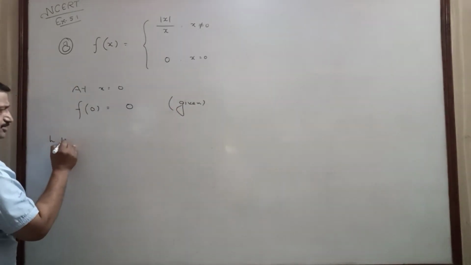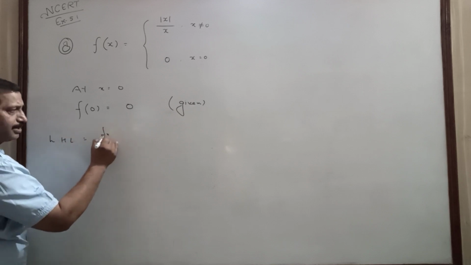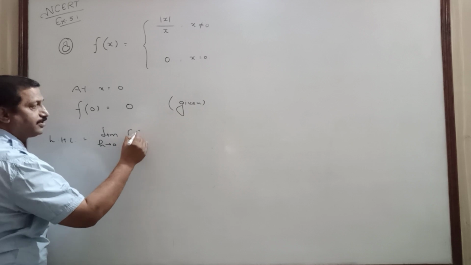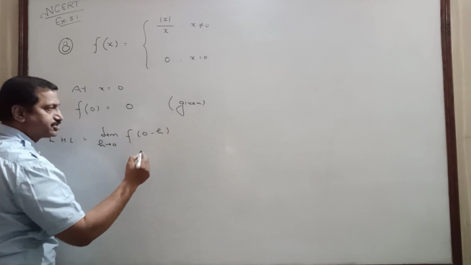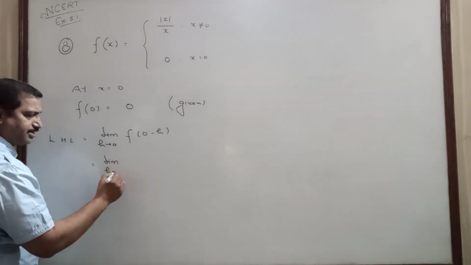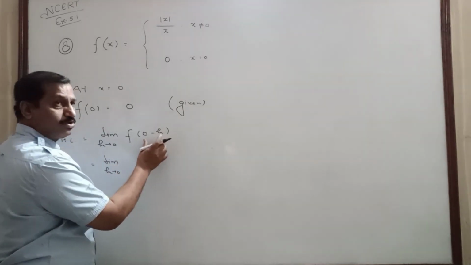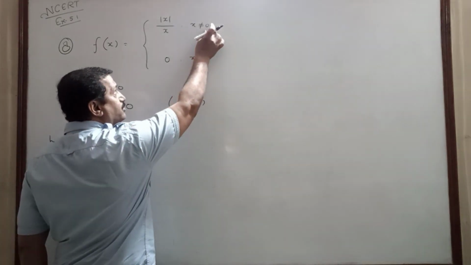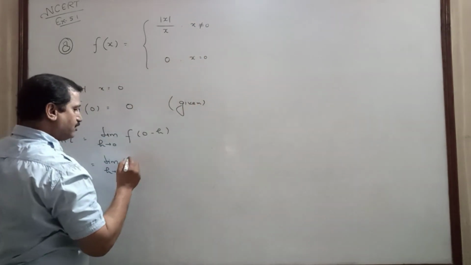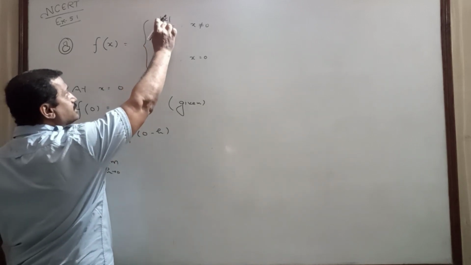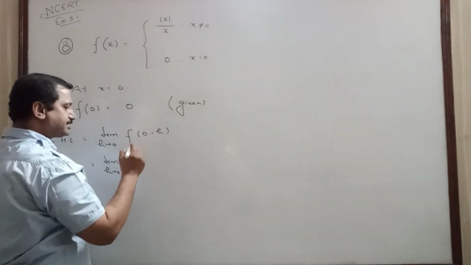Left hand limit, limit h tending to 0 f(0 minus h). Here 0 minus h is not equal to 0. Therefore, we use the value of the function f(x) = mod of x upon x.